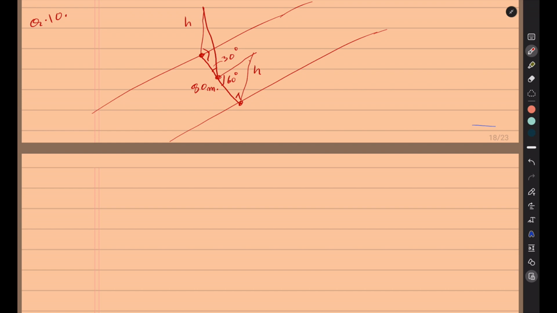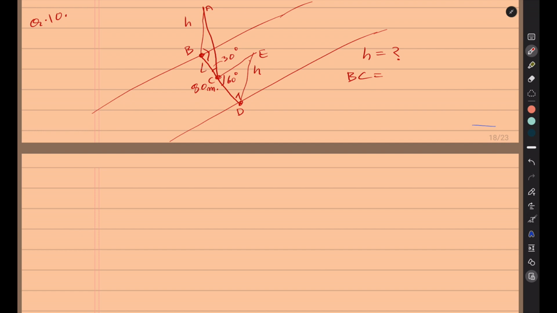Okay, so h needs to be found out. And then we also need to find, for example, if we just say that A, B, C, D, E, so these are the naming of all the vertices. So we also need to find this BC.